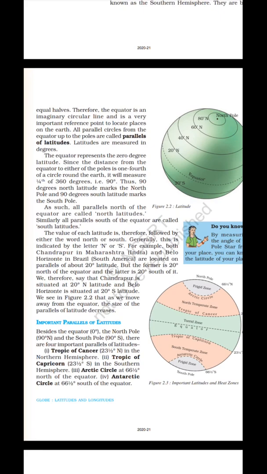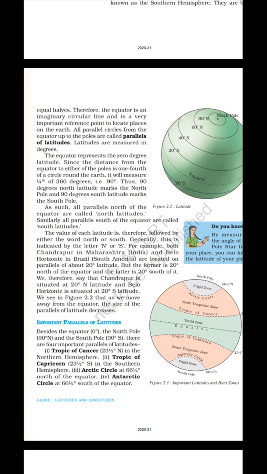If we see North Pole, frigid zone, 66.5 degrees north. South Pole, frigid zone, 66.5 south. Tropic of Cancer, 23.5 north. Tropic of Capricorn, 23.5 south. Torrid zone, equator is 0 degrees.